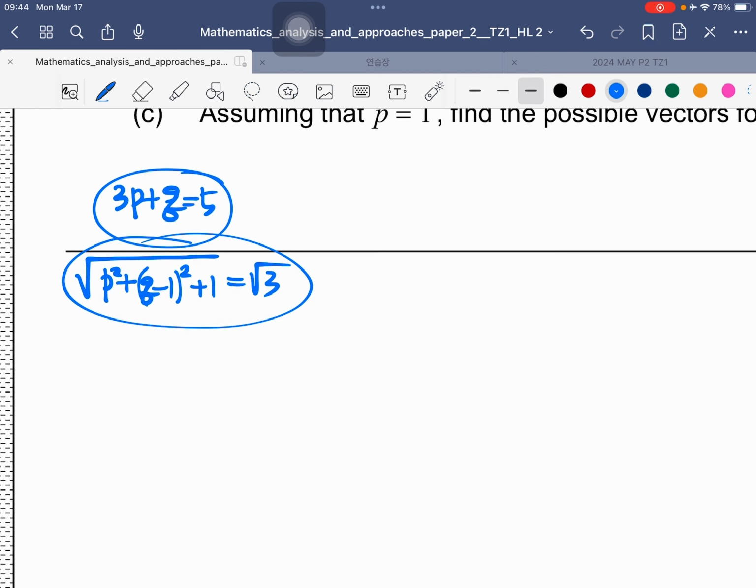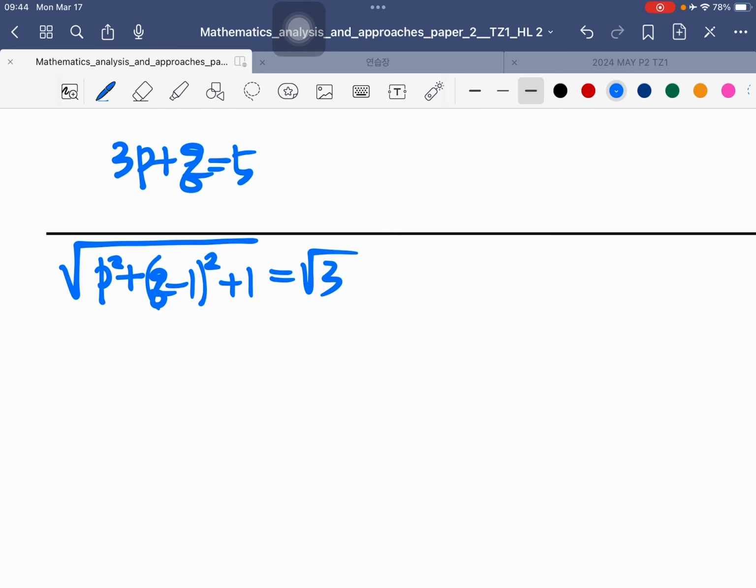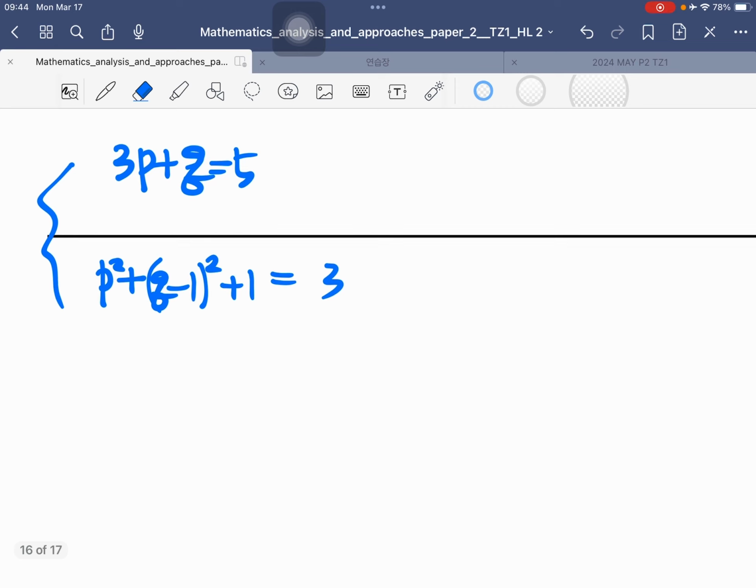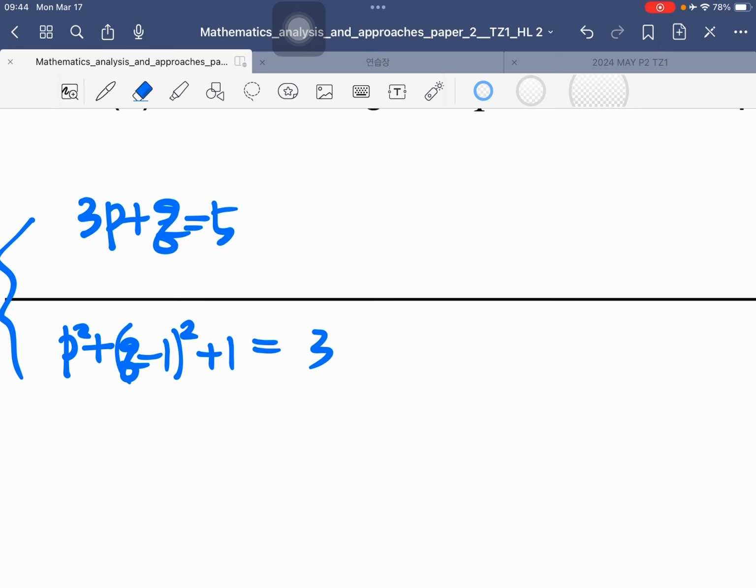Okay, let's get rid of this circle here. For this equation, we can get rid of the square root by taking the square on both sides. From the other equation, we can say q equals 5 minus 3p.